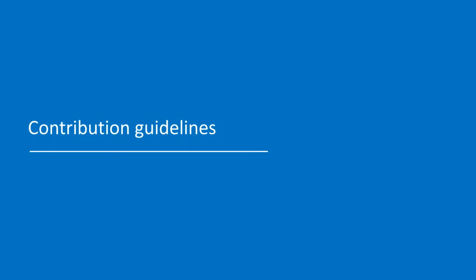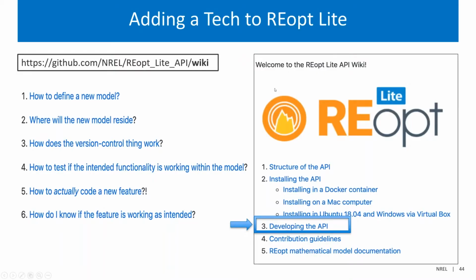So if you go to our wiki page, I'm showing the landing page on the right here. If you click on the third link, developing the API, you'll see these 6 steps that are shown on the left. This goes through the process of creating a new technology within the API with lots of screenshots and lots of details, which we don't have time to go over today.